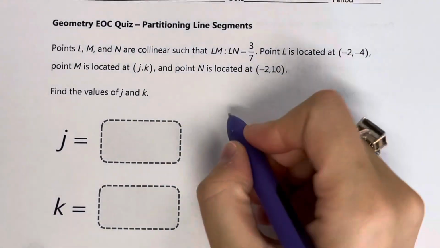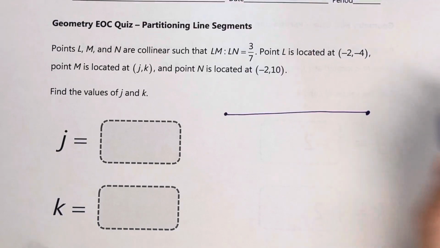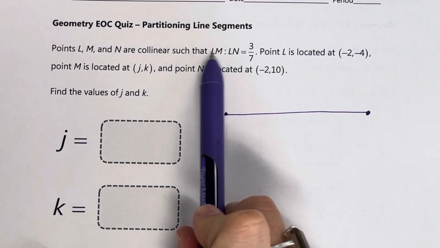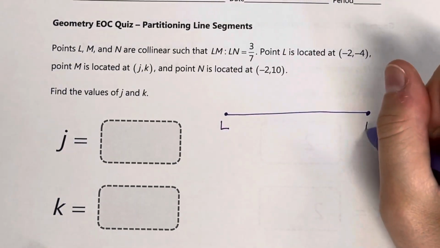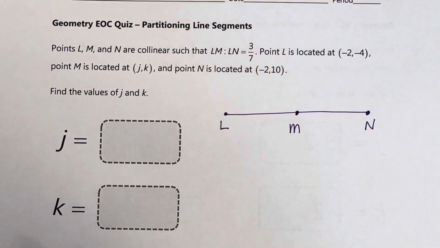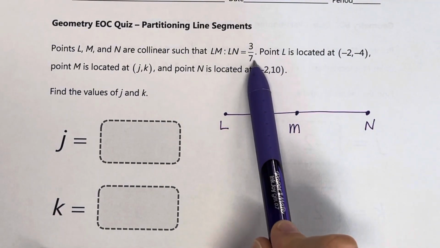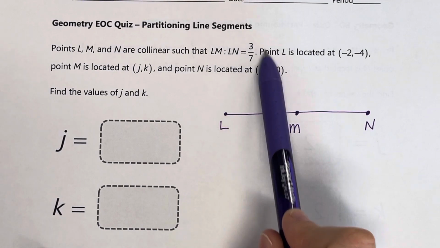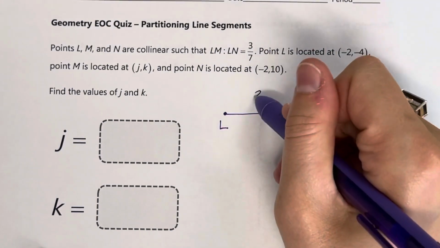So I'm going to start by drawing myself a picture. They're on the same line, so they're collinear such that L, M, and N, so L's the first one, N is the last one, and M is somewhere in the middle. Doesn't really matter where I put it. I know that the fraction is 3 to 7. So that means 3 out of the 7 pieces are taken up by LM right here.